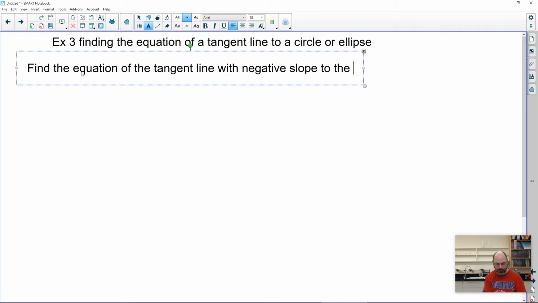To the ellipse. I'm trying to model it like the ones I got in the example. Ellipse, where's my ellipse? There we are. 9x squared plus 4y squared equals 13. Okay, I got to get the squareds fixed up in there.